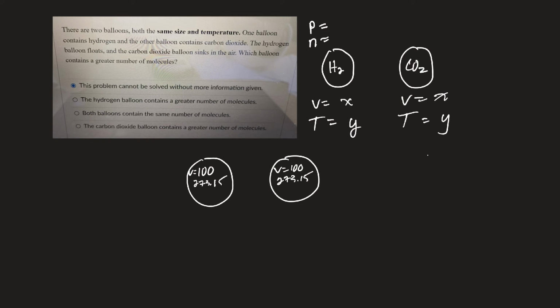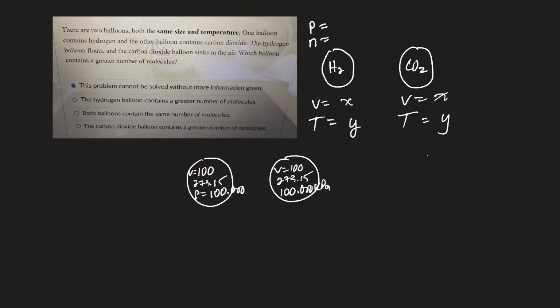Now, we're not sure how many moles are in each one, but if there was more pressure in one than the other, then the balloon would be bigger. So I think that the pressure has to be the same. Let's call the pressure 100.000 kilopascals.